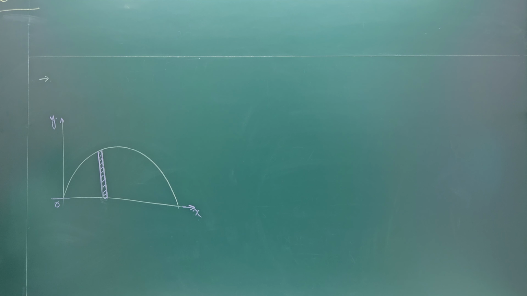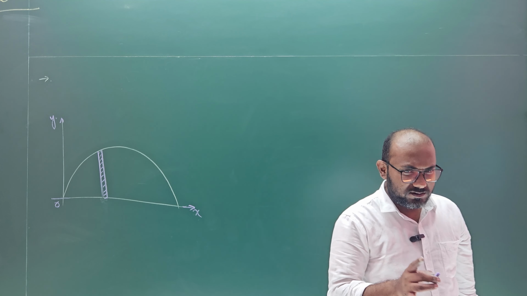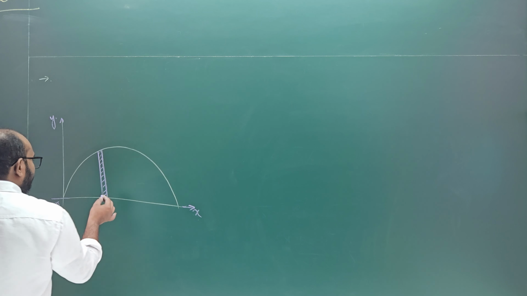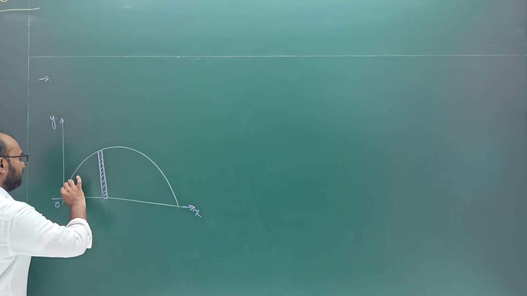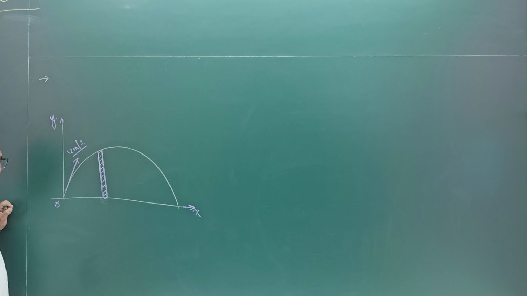Now listen to me. Generally, whenever we project an object, will it go in a straight line or follow a parabolic path? Parabolic. Why? Because of gravity. So consider an object is being projected with u meter per second velocity.